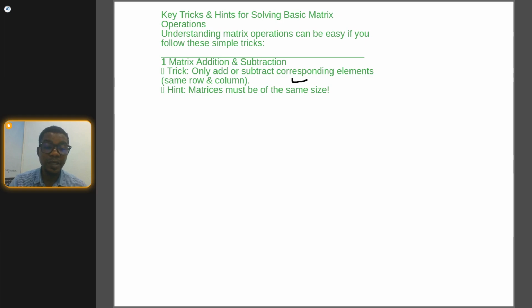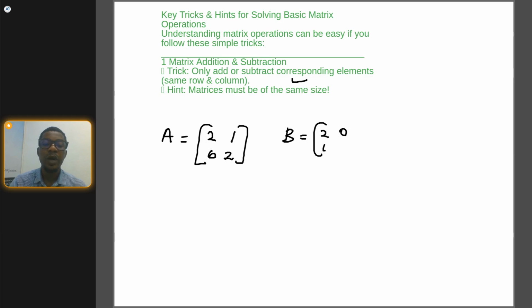So if I'm going to add matrices, let's say matrix A is given as 2, 1, 6, 2, and matrix B is given as 2, 0, 1, 0, and I'm asked to find A plus B. The first thing I need to consider is the order of the matrix.